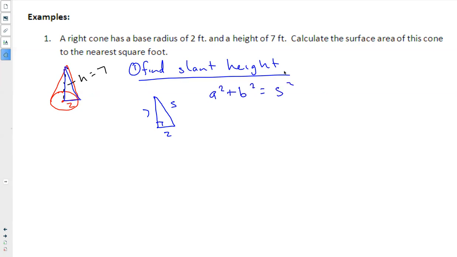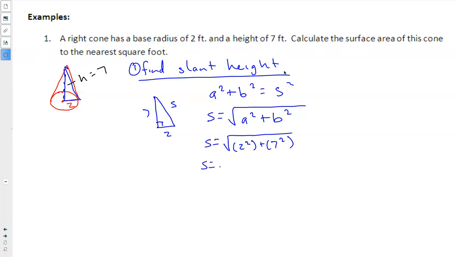I'm going to isolate for slant height. So slant height is equal to the square root of a squared plus b squared. What we label as a or b doesn't really matter as long as we have the hypotenuse equaling the sum of those. So slant height is equal to the square root of 2 squared plus 7 squared, which is equal to root 53.